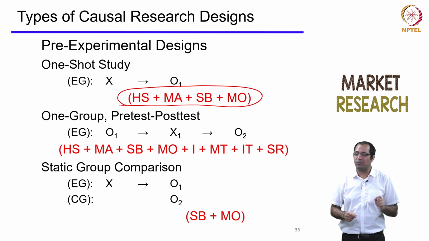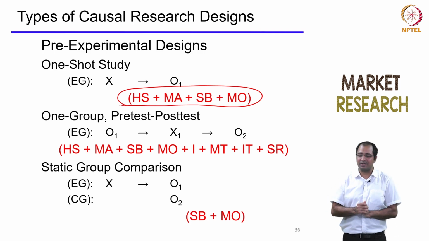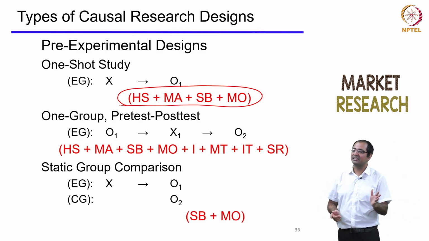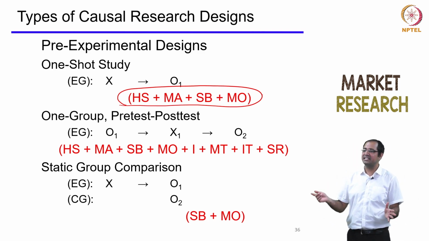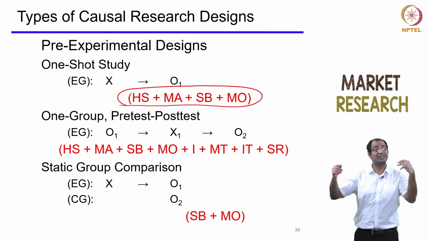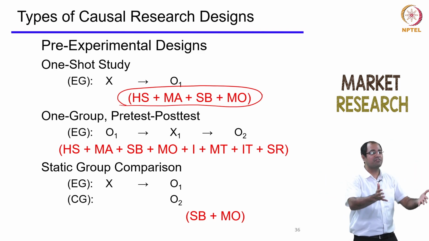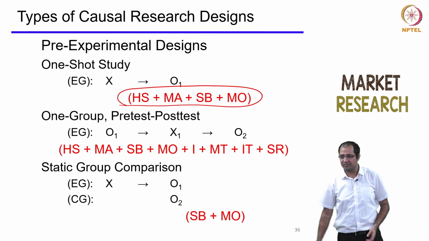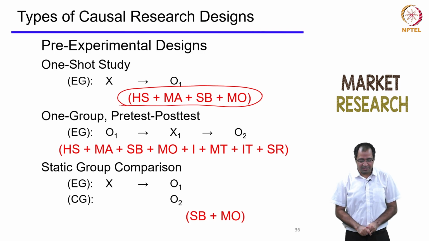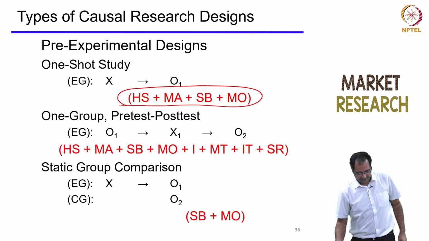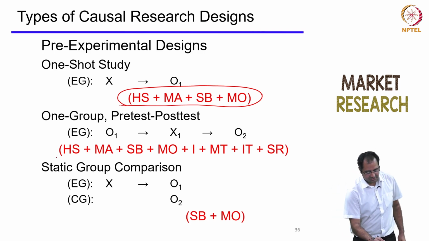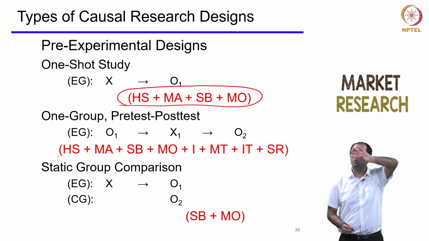Next one is one group pre-test, post-test, in which you are taking an observation before the treatment and an observation after the treatment. Which means you will notice the change.